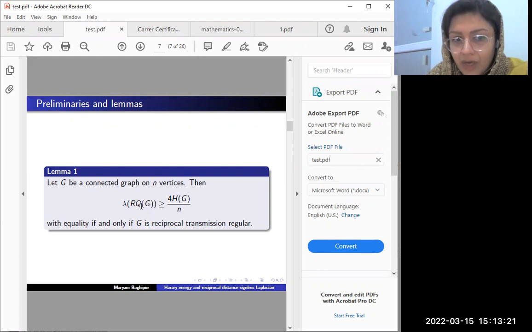In fact, for the reciprocal distance signless Laplacian matrix, the spectral radius, I mean the largest eigenvalue of this matrix, is greater than or equal to 4 times the Harary index over n, and it is a relation between the spectral radius of this matrix and the Harary index. Equality holds if and only if G is reciprocal transmission regular.